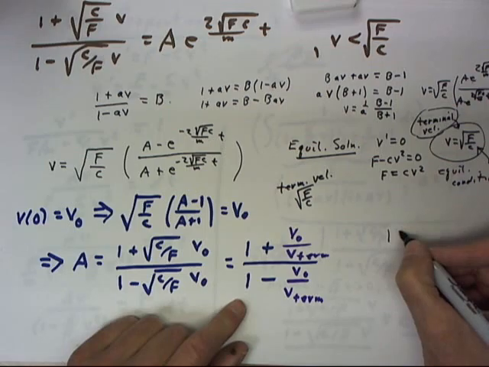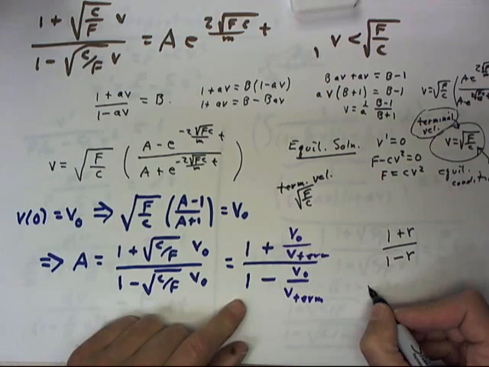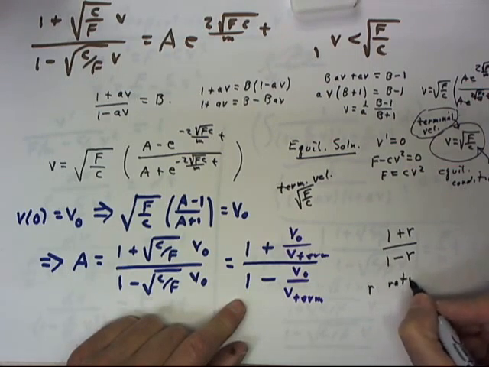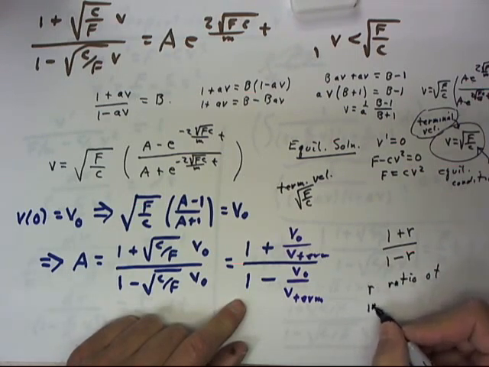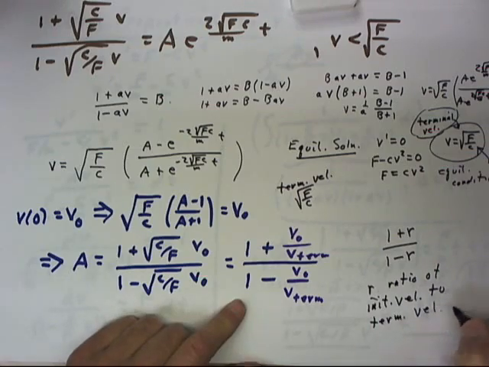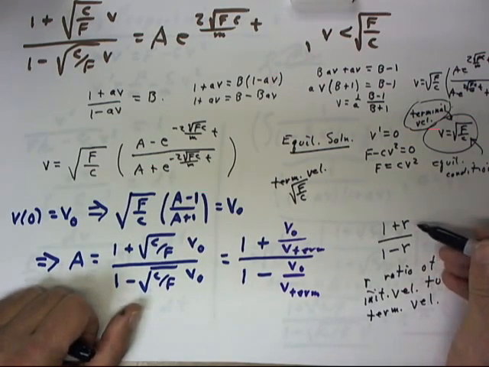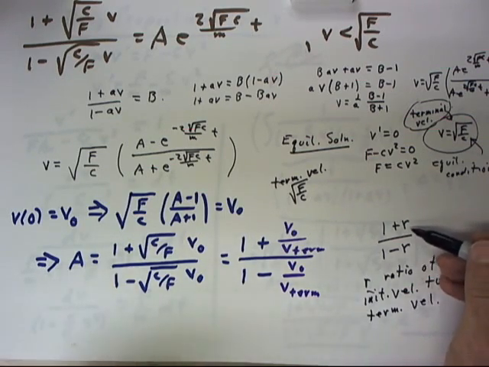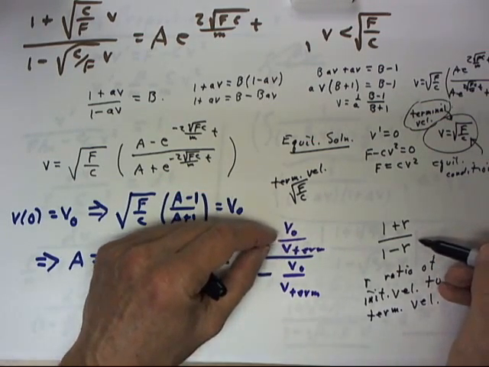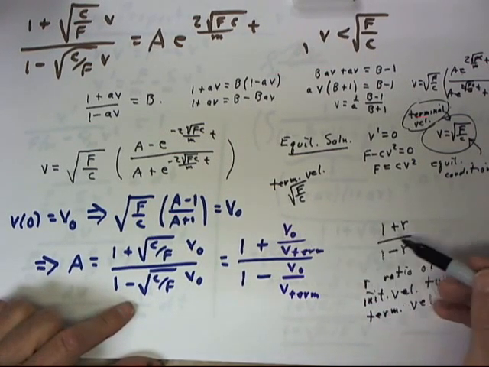This could be written in the form 1 plus r over 1 minus r, where r is the ratio of initial velocity to terminal velocity. That is, r could be understood as the fraction of the terminal velocity that's initially present.